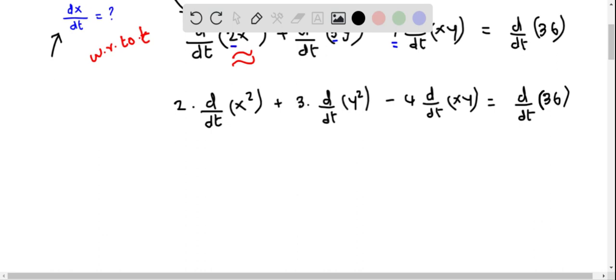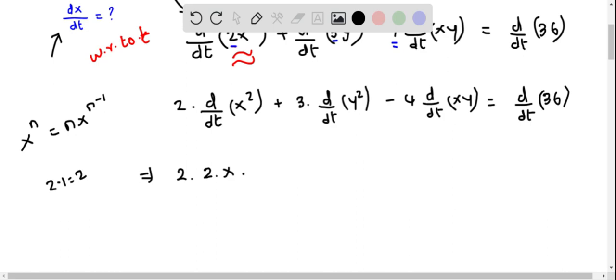First we have 2 times the derivative of x squared. We can use the power rule: the derivative of x raised to the power of n is n x to the power n minus 1. So I put the 2 in front and raise x to the power of 2 minus 1, which is x to the power of 1, or just x.